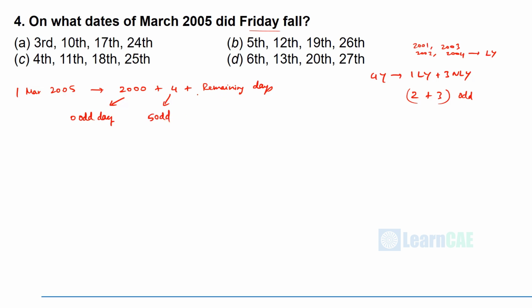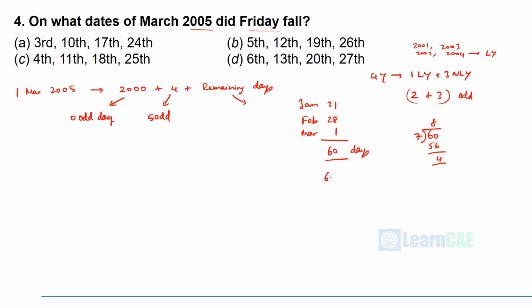Let us find out the number of odd days in the remaining days. So the remaining days correspond to Jan 31, Feb, 2005 is a non-leap year, therefore it is 28. In March there is 1 day. So total is 31 plus 28 plus 1, it is 60 days. 60 divided by 7, 8 sevens are 56, 4.